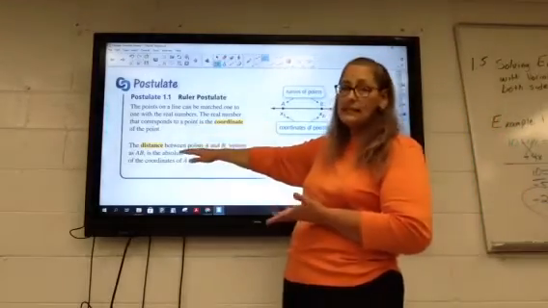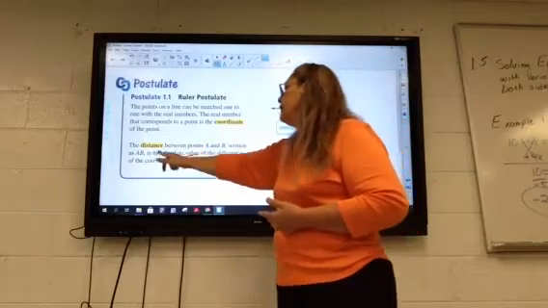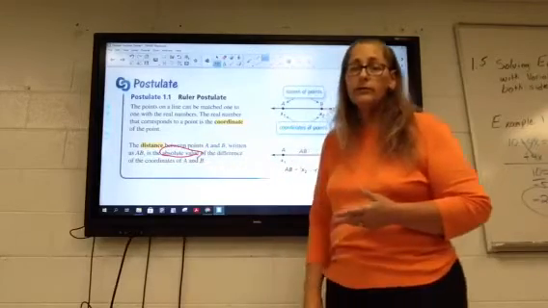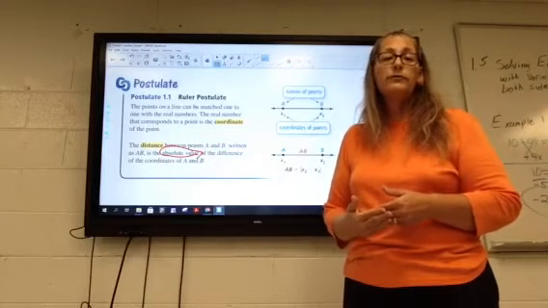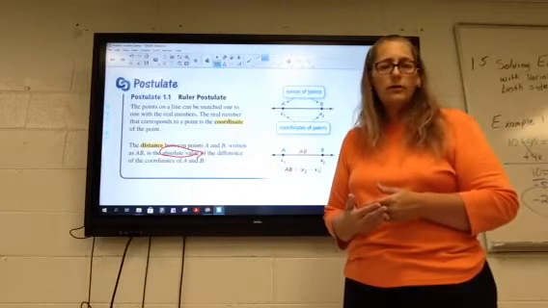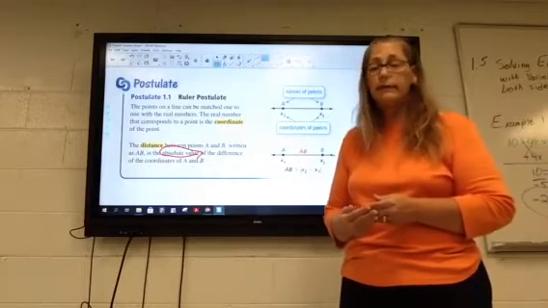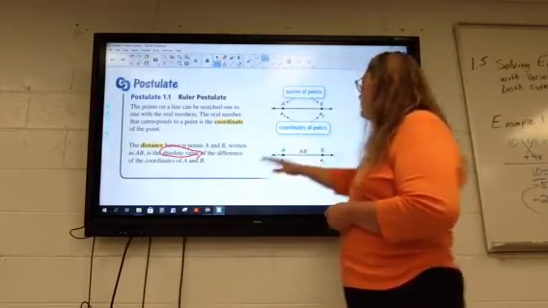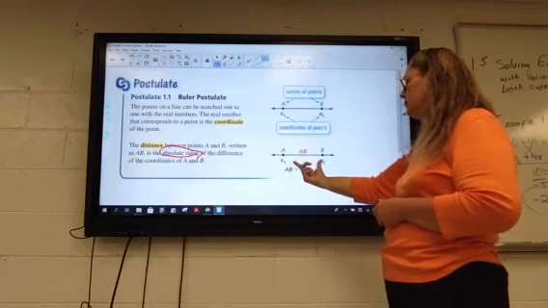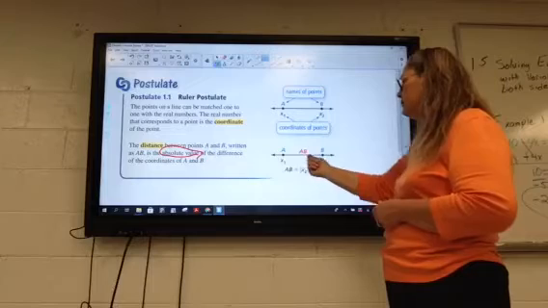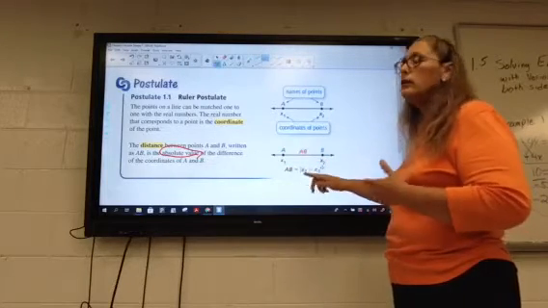The distance, how far apart they are, is written as the absolute value. Remember that from elementary school? Middle school last year? Absolute value is just how far two numbers are. There's no negative to it. Distance is never negative. So if I subtract, I have x2 minus x1 and take the absolute value. That's how far they are.